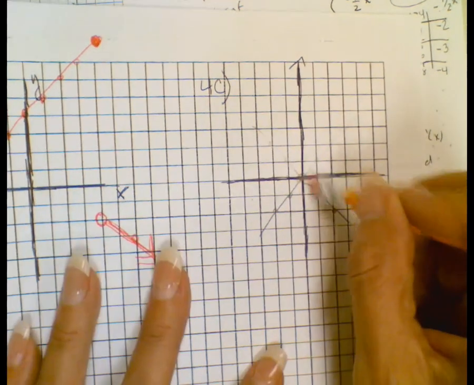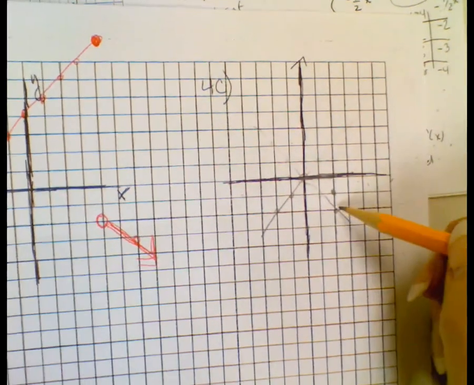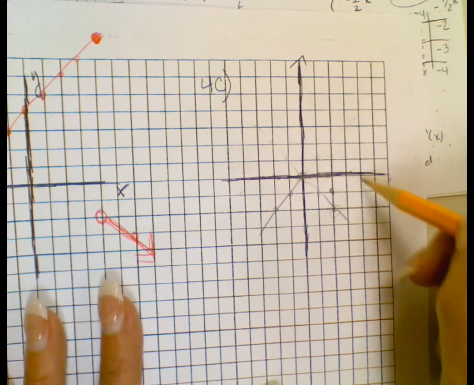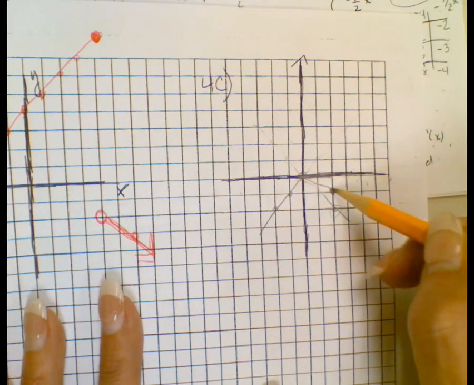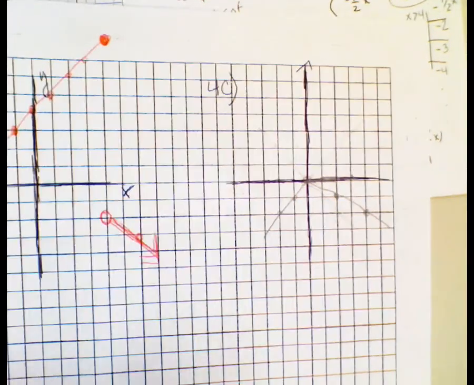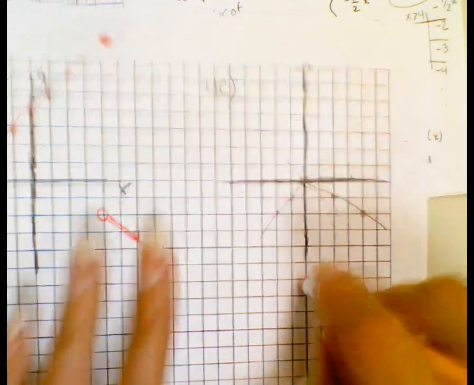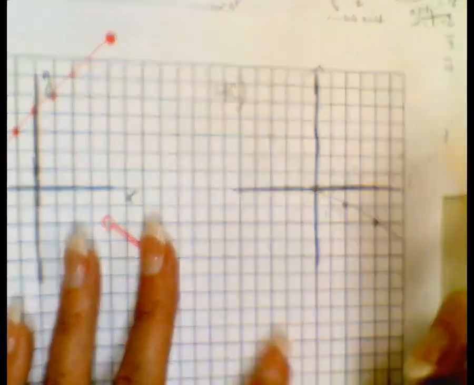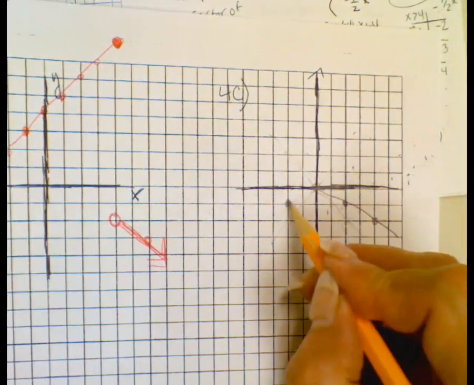So this point's no longer going to be here. Do you see how this point right here was over 2, down 2? Now I'm going to go over 4, down 2. So this is my new right side. You're horizontally stretching it by a factor of 2. So we are widening, we're making it wider by a factor of 2.